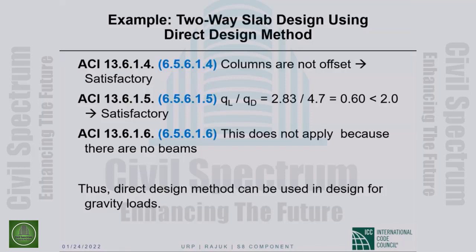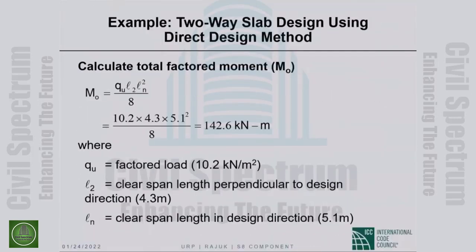Remember, alpha sub f1 L2 squared divided by alpha sub f2 L1 squared had to be between 0.2, a fifth, and 5. But we don't have any column line beams, so that sixth condition simply does not apply to us. So we have satisfied all the conditions that apply. That means the direct design method can be used in our particular case.